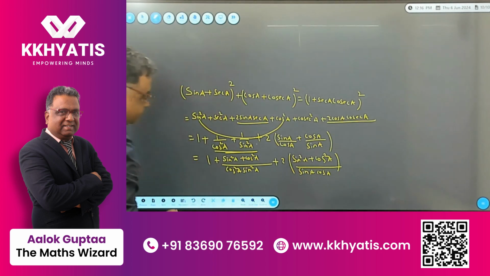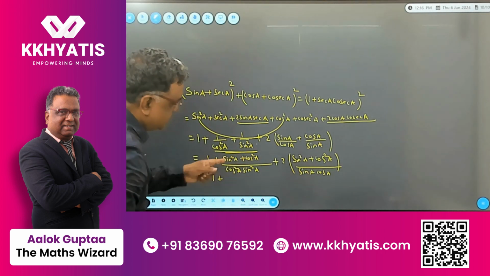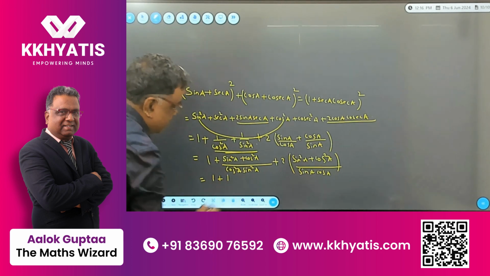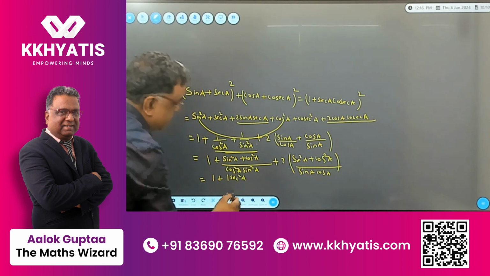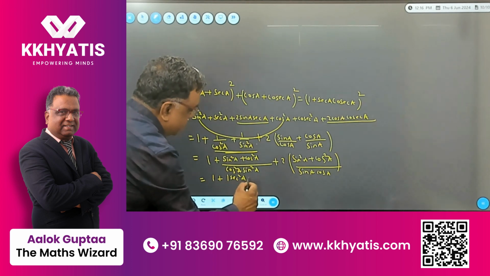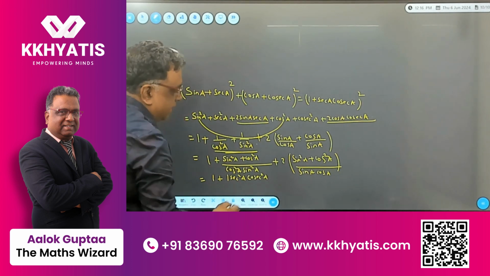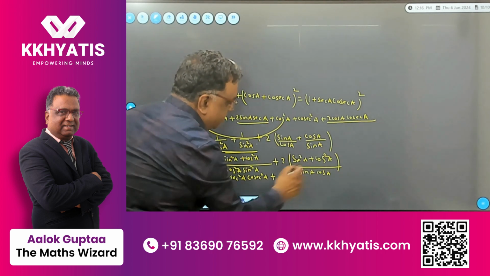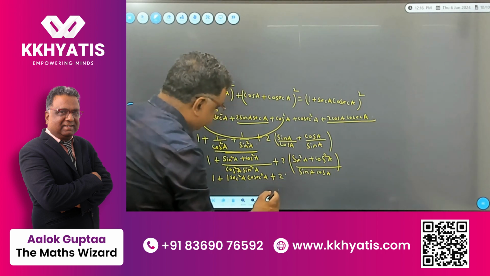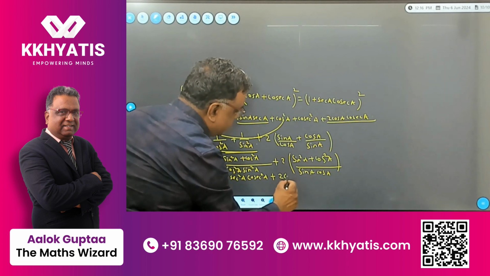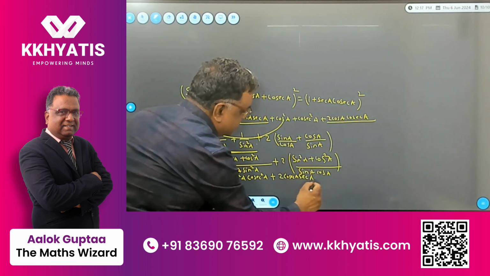Okay. So my expression now became 1 plus, this is 1 (sine square a plus cos square a), and 1 upon cos square a I will write as sec square a, and 1 upon sine square a I will write as cosec square a. And here this again will be 1, so 2 into 1 is 2. 1 upon sine a I will write as cosec a, and 1 upon cos a I will write as sec a.